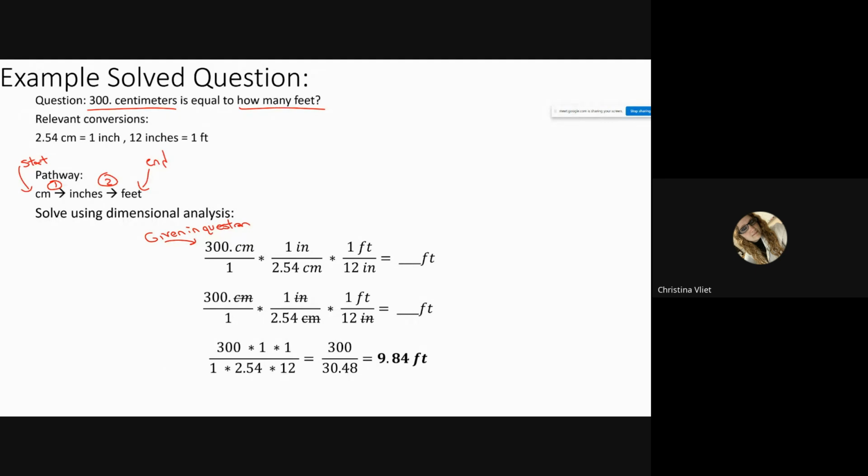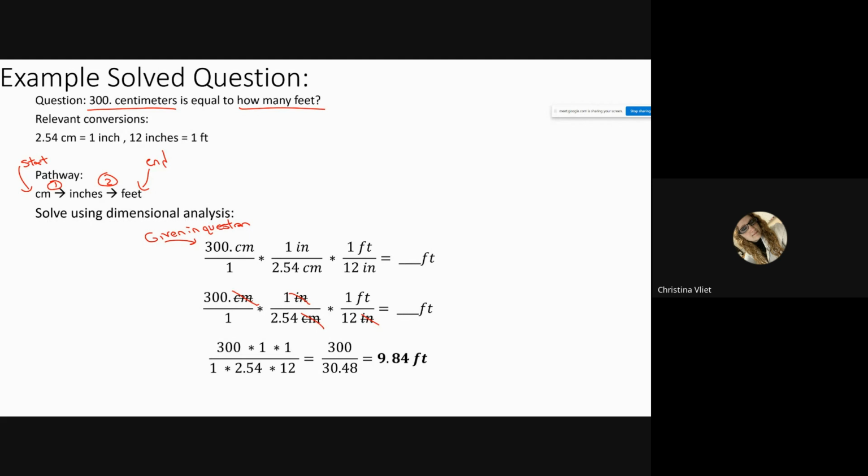Then you place your conversion factors in such a way where you will cancel out the unit you have to get to the unit you want. So notice for 2.54 centimeters equals 1 inch, I put 2.54 centimeters on the bottom. The reason we do that is so that we can cancel out the centimeters. And then in the next step, we cancel out the inches. And that gets us to feet as our final answer.